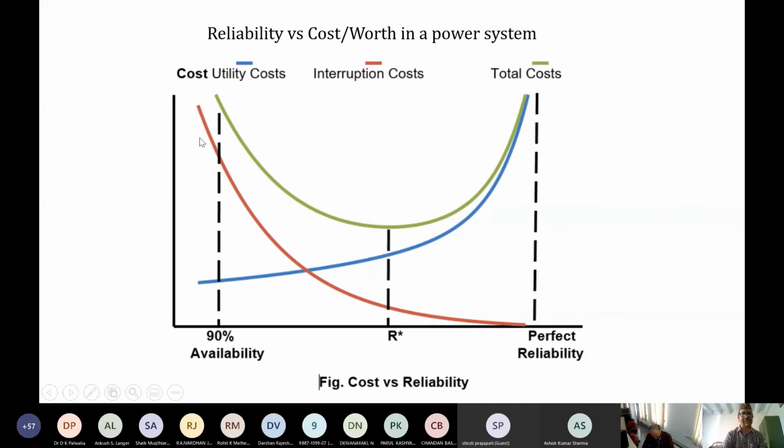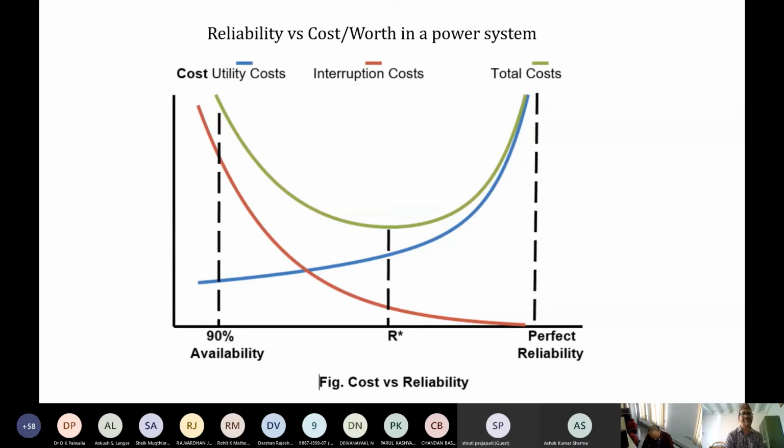And by this reddish line we have interruption cost, or the customer cost, because of the low reliability or unreliability of the system. Unreliability is complementary to the reliability, so unreliability is 1 minus R. When reliability is low, unreliability is high, and when unreliability is high, the customer's unreliability cost is also high.